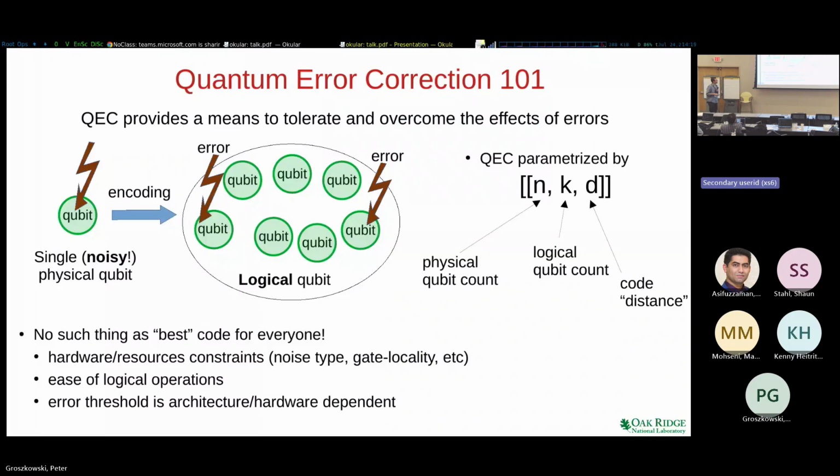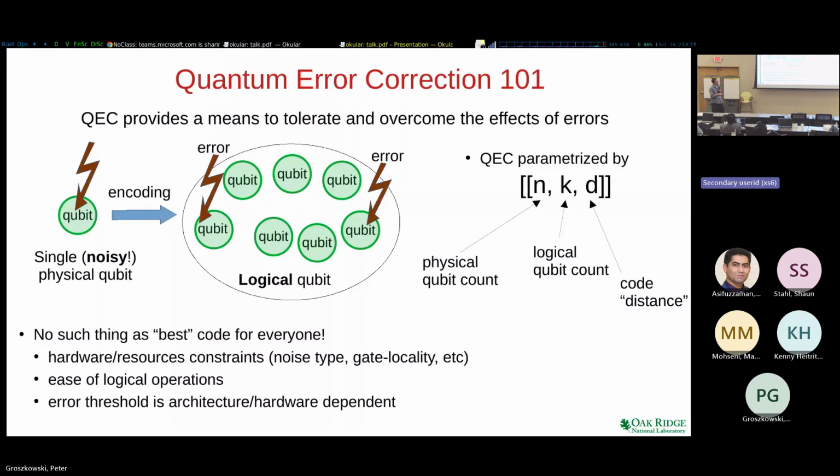I don't know if it's a problem, maybe it's not a problem, but an interesting observation is that there's no such thing as really a best code for everyone. There are different hardware resource constraints, different noise types, gate locality, and in some codes, some logical errors are easier than others.